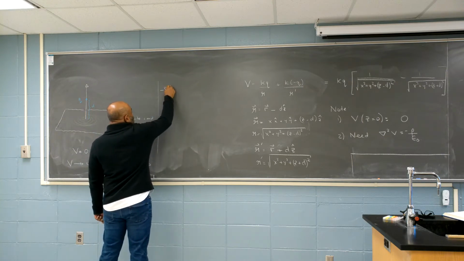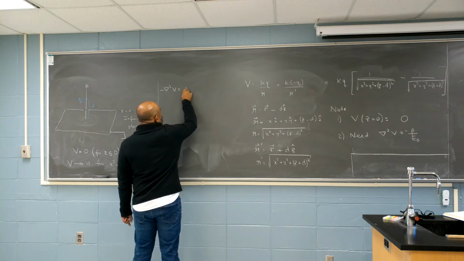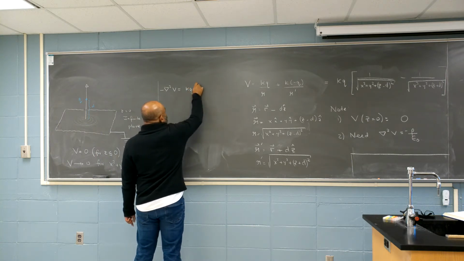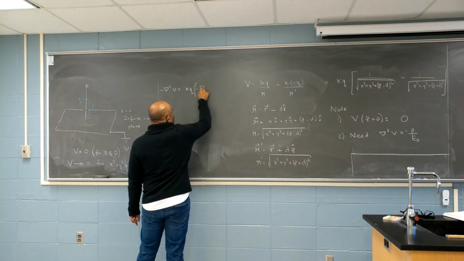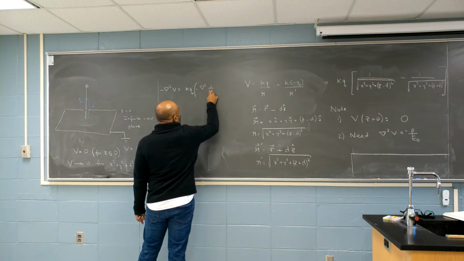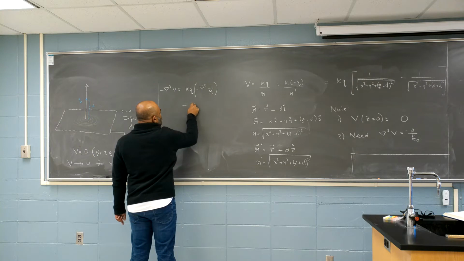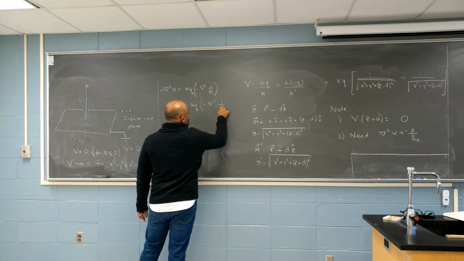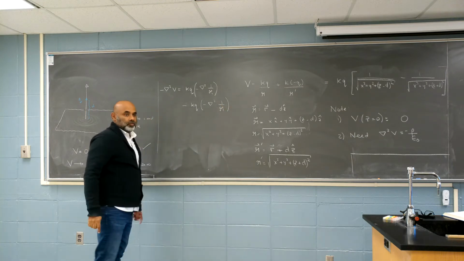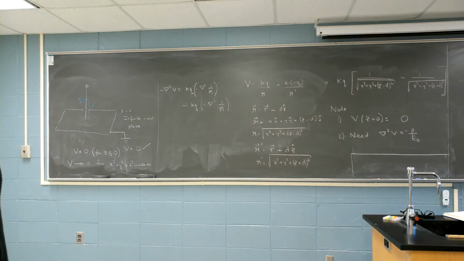Minus del squared V equals kq times minus del squared of 1 over r, plus minus kq times minus del squared of 1 over r prime.